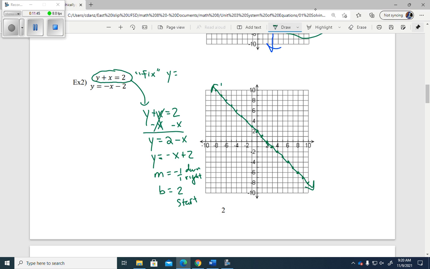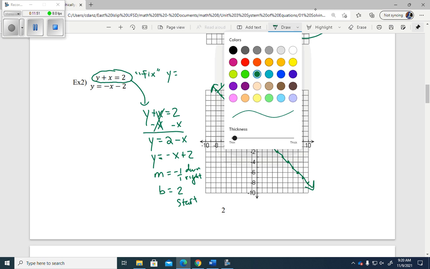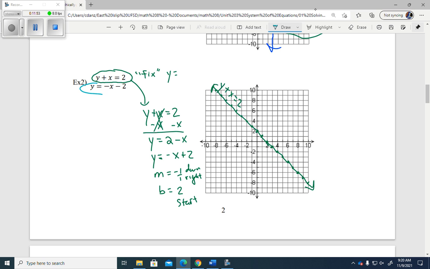I like to label it with the original equation, y plus x equals 2. What I notice about the second equation is that it's good.